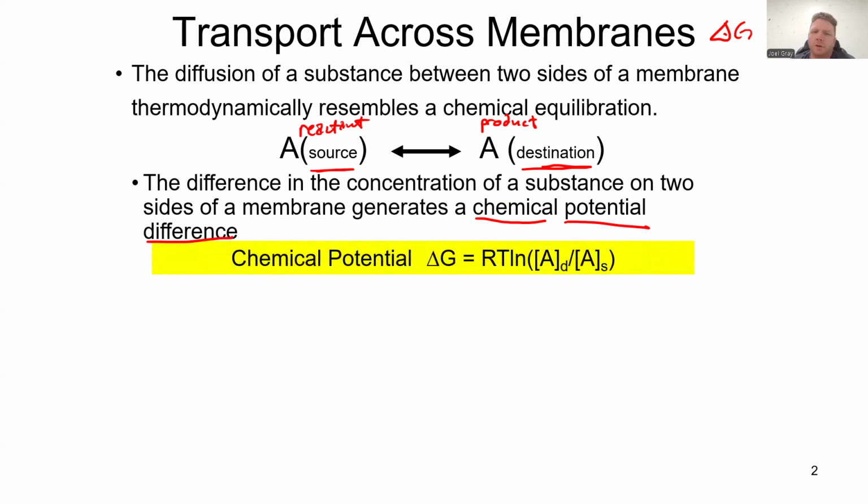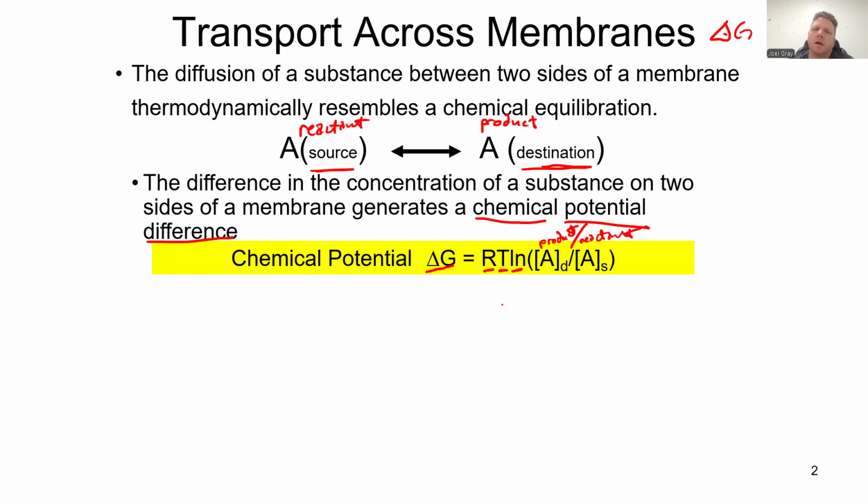Now that chemical potential difference is best described as delta G is equal to R, which is our gas constant, times T, which is our temperature, times the natural log of our product divided by our reactant concentration.